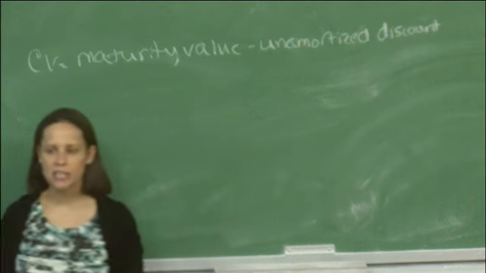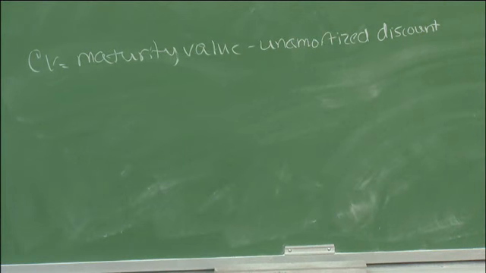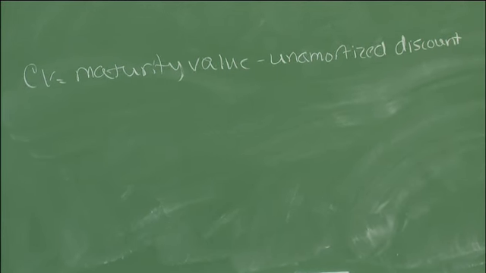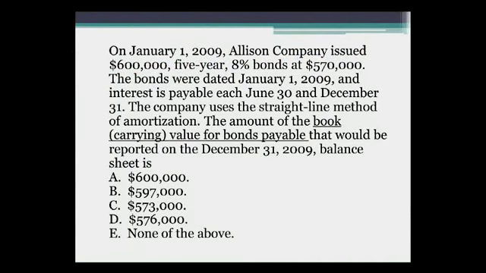So we're trying to figure out the amount of the discount that we've amortized, so we can figure out what the total unamortized discount is. We're using straight line method, so we're going to directly compute the amount of discount that is amortized.